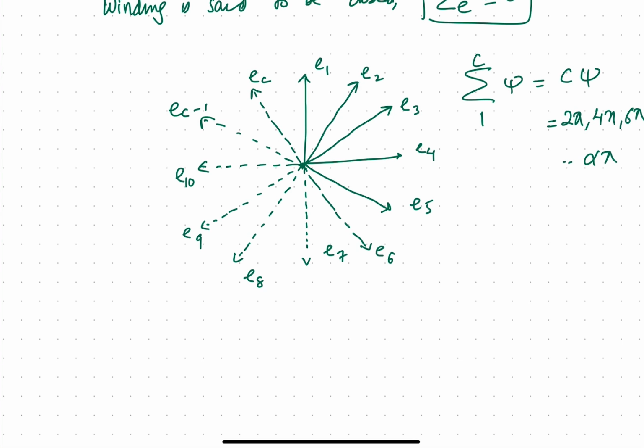So if the summation is equal to C times the phase angle, then in this case this alpha is said to be an even integer, which we discussed earlier while introducing this.